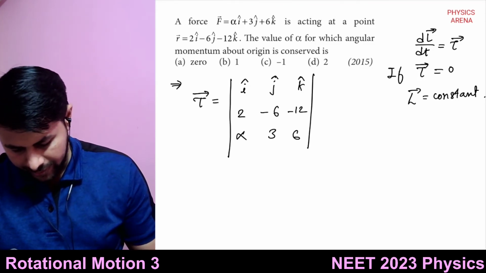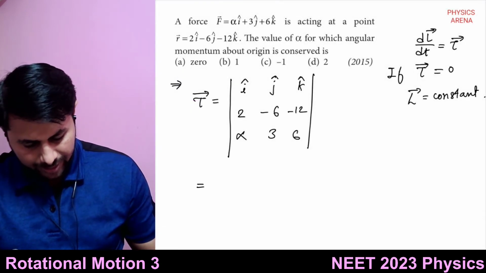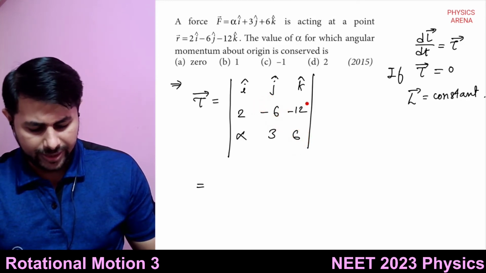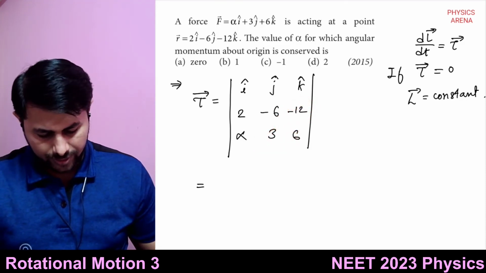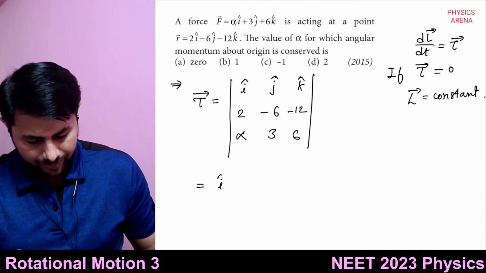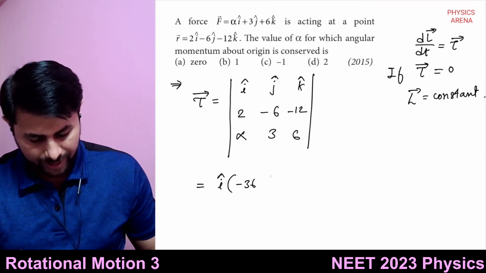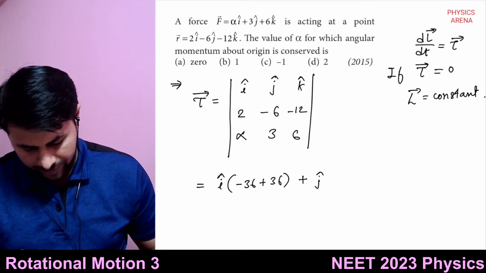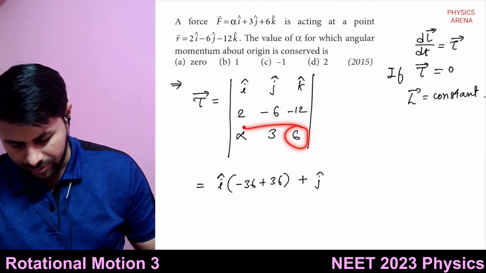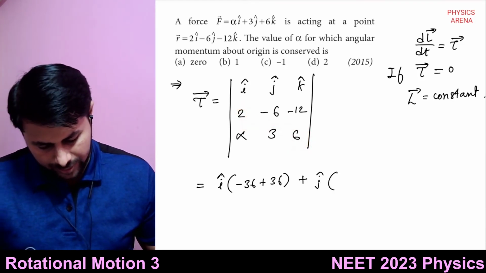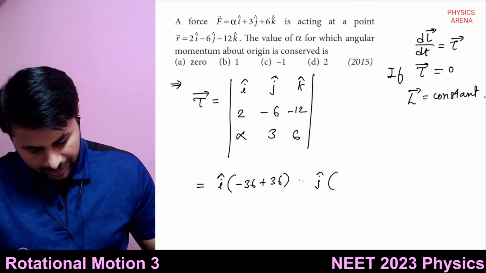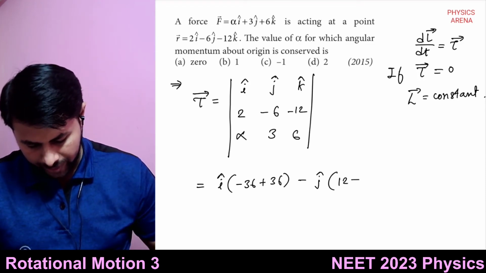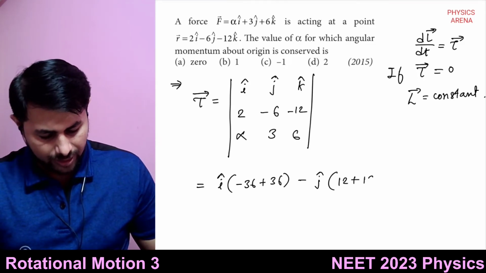I cap multiplied by 6 times minus 6, which is minus 36, minus 12 times 3, which is plus 36, so 0. Then minus j cap times 6 times 2, which is 12, minus 12 times alpha, so plus 12 alpha.